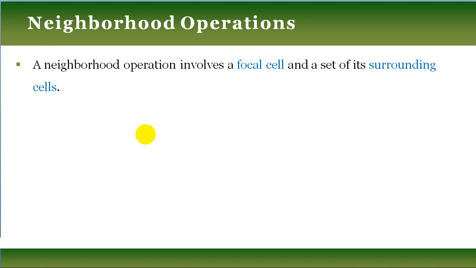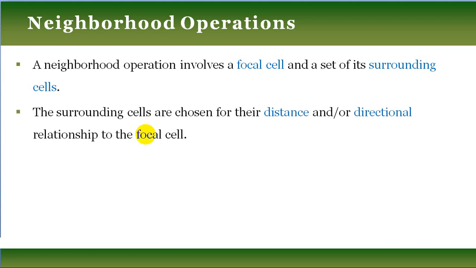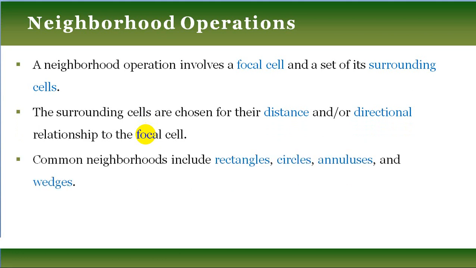Neighborhood operations involve a focal cell, or central cell, and a set of its surrounding cells. Instead of a local operation, a neighborhood operation considers a central or focal cell, and based on this focal cell it chooses its surrounding cells.